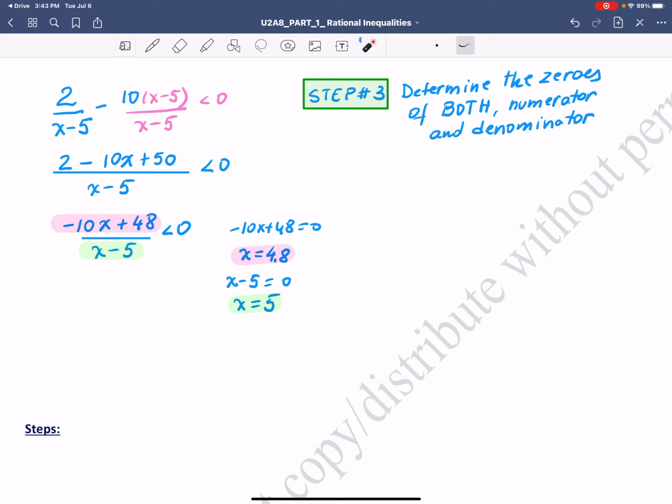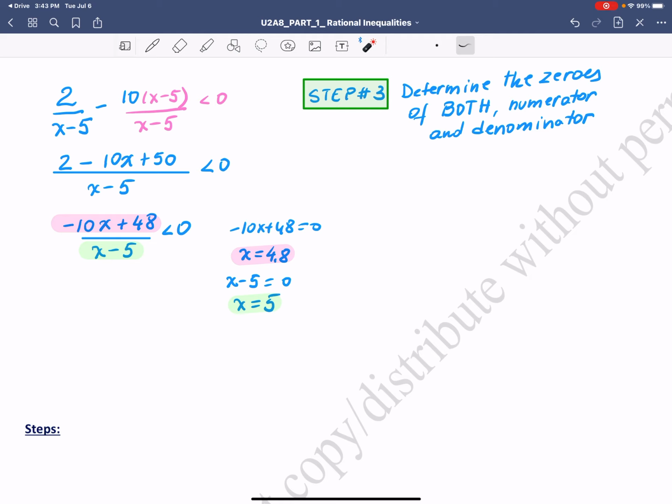For this, I usually prefer to make a chart. And it's very useful, I would say, because it organizes the information in a clearer way. It makes a solution easier to understand even. So I would draw a t-chart first.